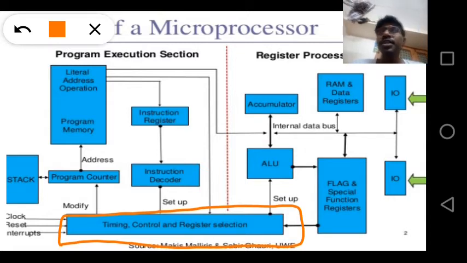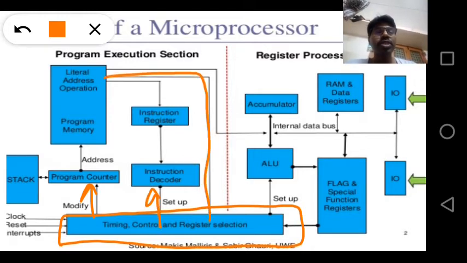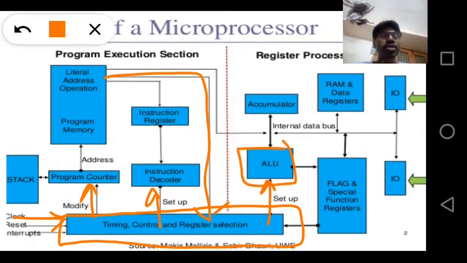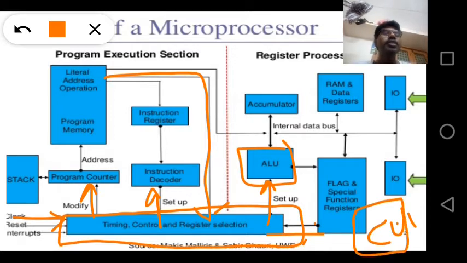It is the unit which sends the timing signal to the program counter and instruction decoder, receives the clock, and sends control signals to the ALU. So this is called the control unit. With this functionality, you should understand that it is nothing but a control unit.